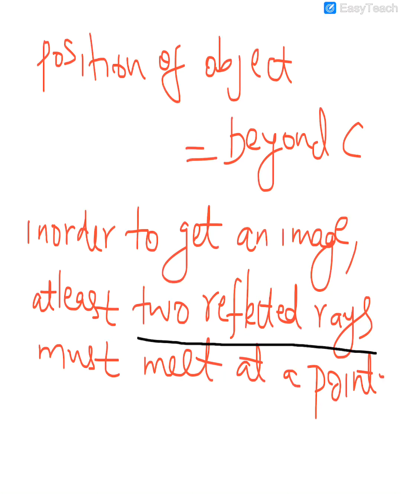Then you will say that you will get the image at that point where these two rays are meeting. Okay, so the condition to get an image is at least, it can be more than two, but at least two reflected rays must meet at a point, then that point is said to be the image point.